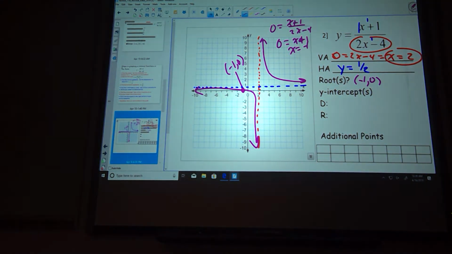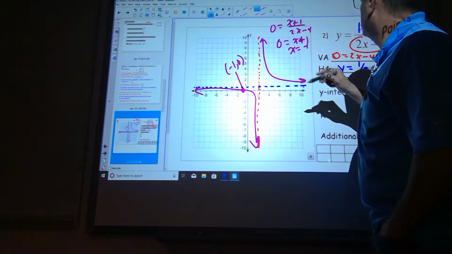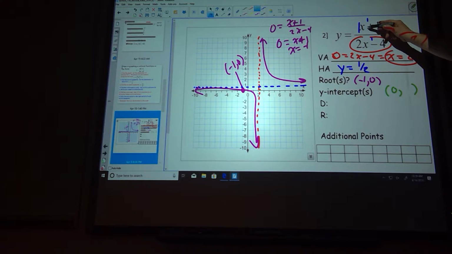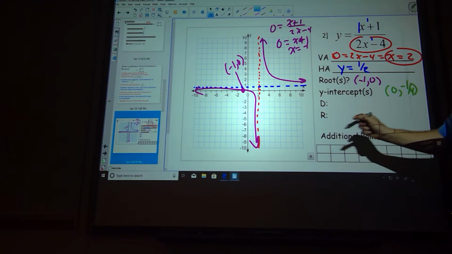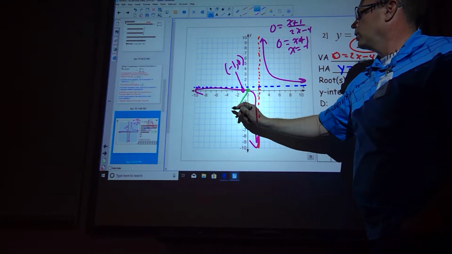Good enough? My y-intercept, I'm going to plug 0 in for my x value. So I plug 0 in for the x. Looks like 0 over that, so it's just going to give me -1/4. So 0, -1/4, like right there.